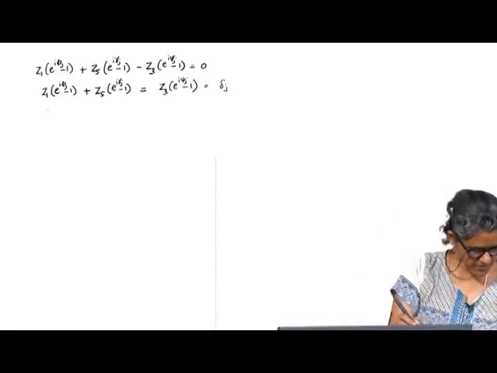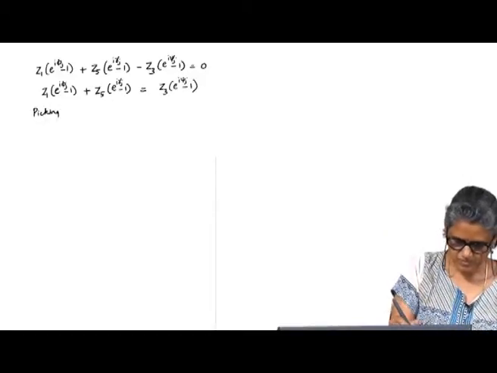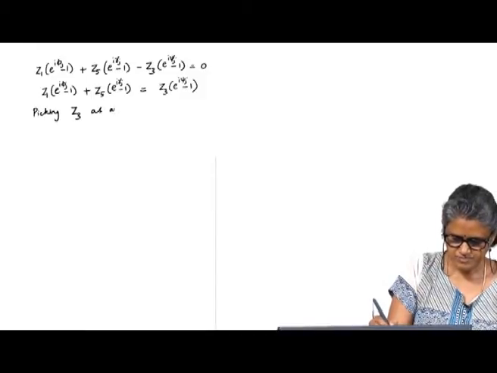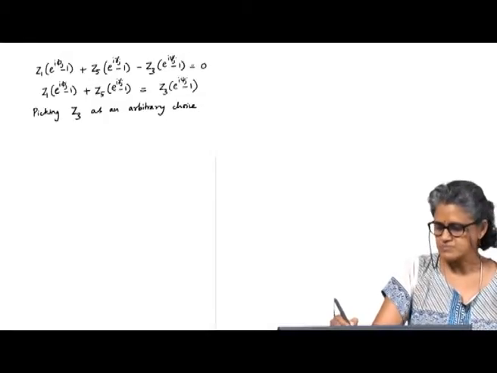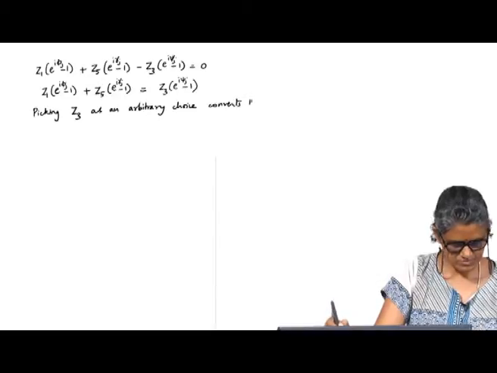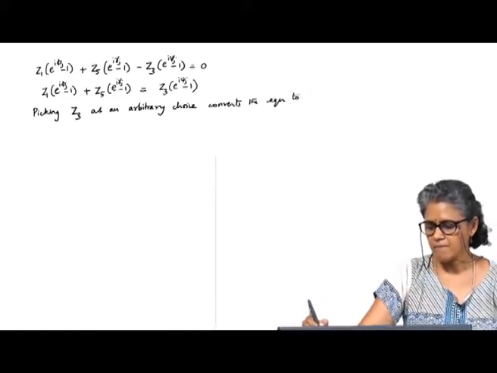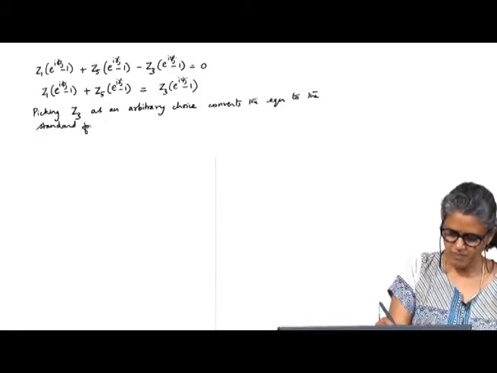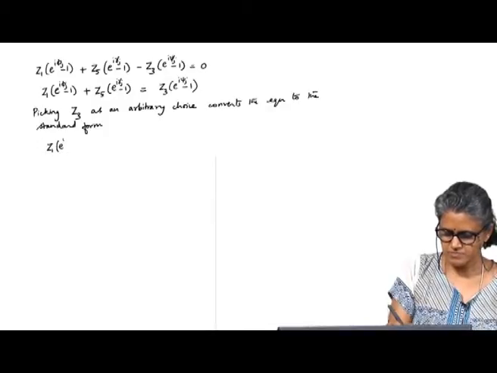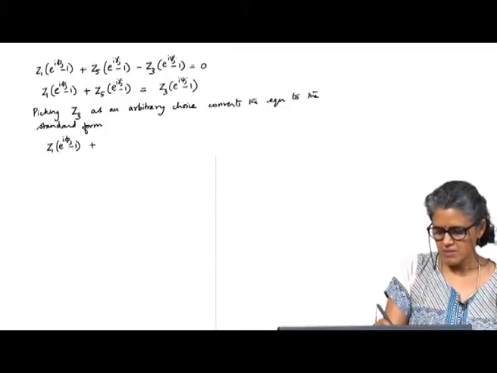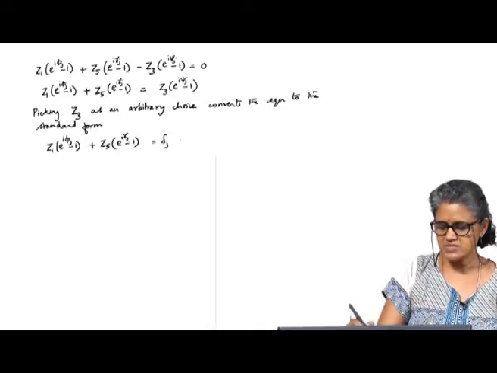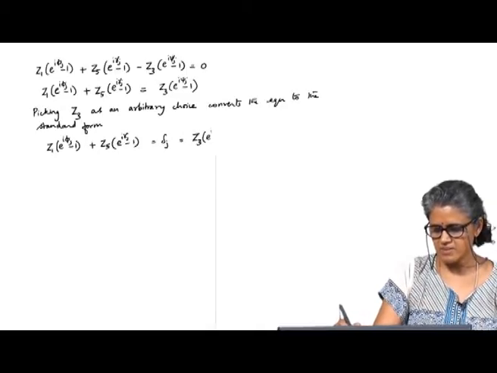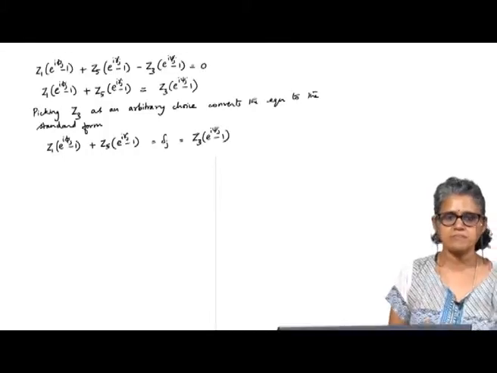Picking this, we get the standard form: z1 e power i phi j minus 1 plus z2 e power i gamma j minus 1 equal to delta j, where delta j is z3 e power i psi j minus 1.